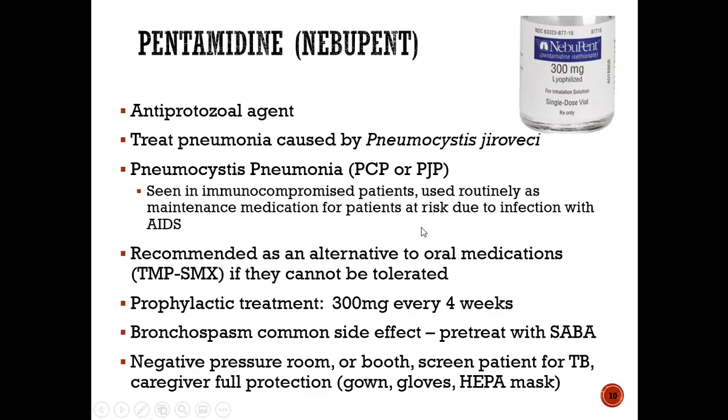So this is used routinely as a maintenance med for patients that are at higher risk for this kind of pneumonia because of HIV or AIDS or other immunocompromising chronic diseases. So they'll come in, I think it's like every 6 months, and they get one of these treatments, and it just helps to lower their risk.